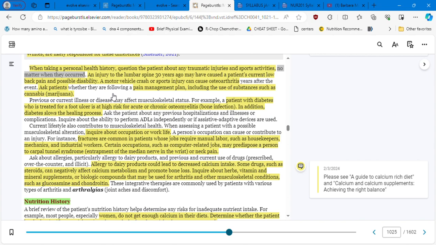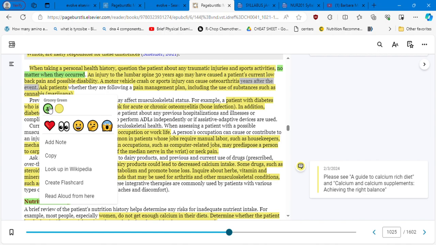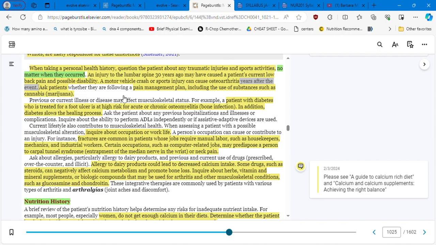A motor vehicle crash or a sport injury can cause osteoarthritis years after the event, okay? And ask patients whether they are following a pain management plan, including the use of substances such as cannabis. So it doesn't matter when this traumatic event occurred, okay?